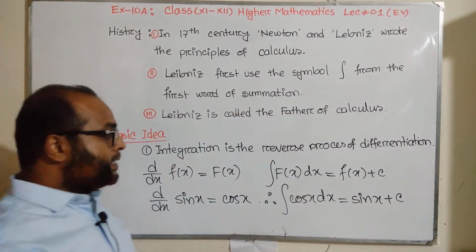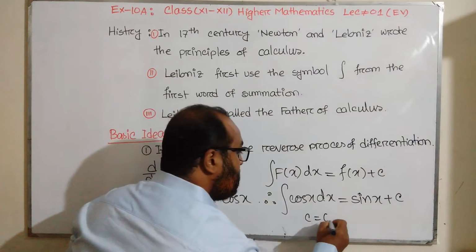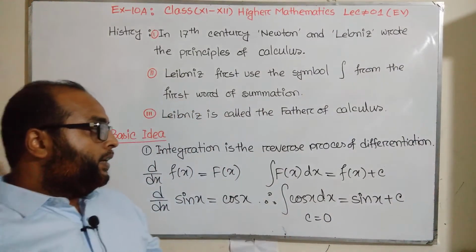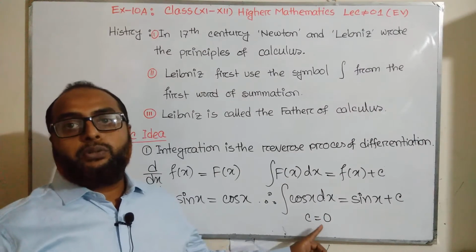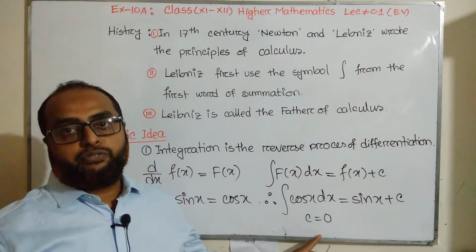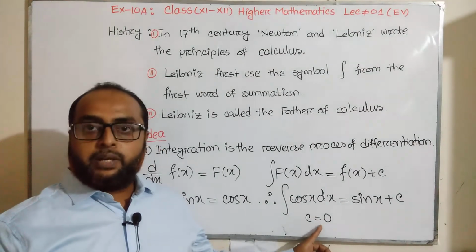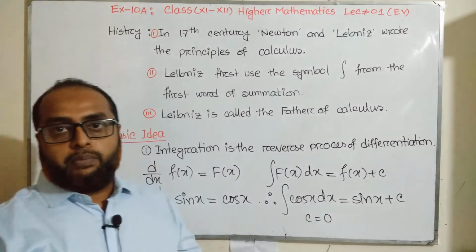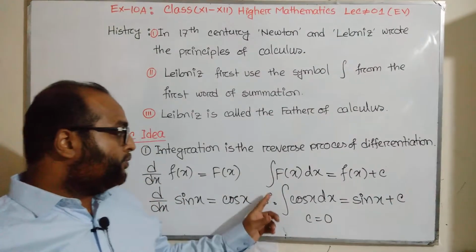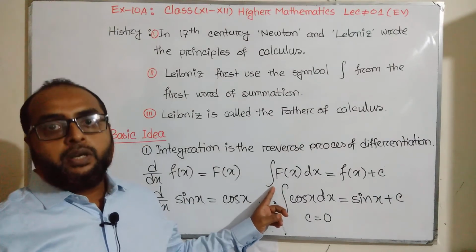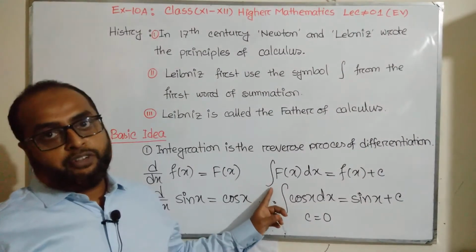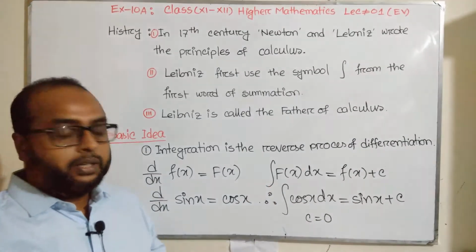Here for this example c equals 0. The integral constant c can be 0, positive, negative, or a fraction, that means c can be any real number. This type of integration, without limits of integration, is called indefinite integral.